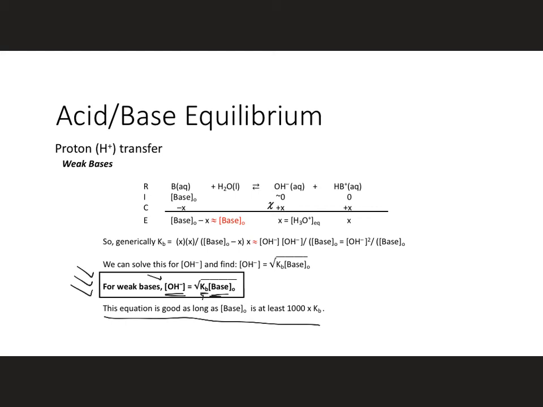Now notice that we could also work this backwards. Suppose I have a pH meter, I know I have a solution of ammonia, and I want to know how concentrated it is. I can take pH, subtract it from 14 to get pOH. My hydroxide concentration is going to be 10 to the minus pOH.